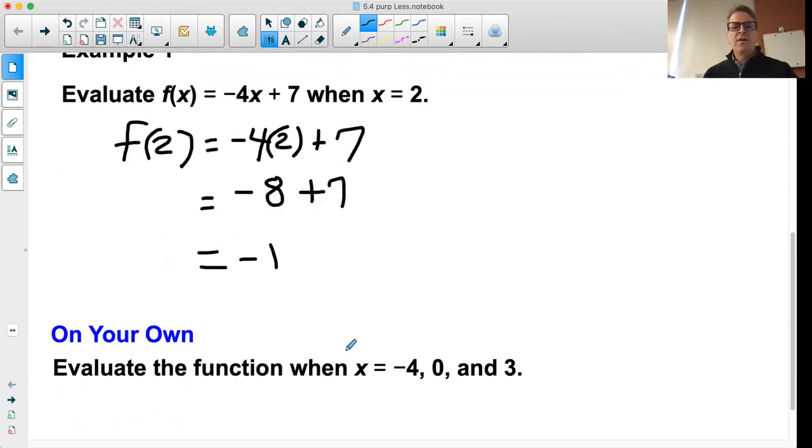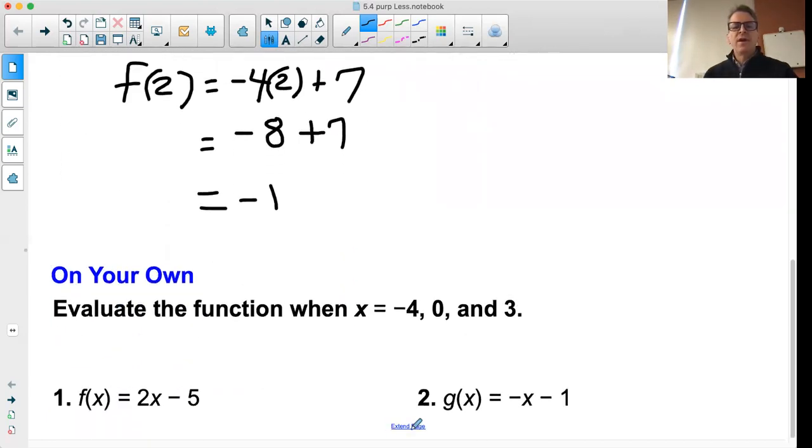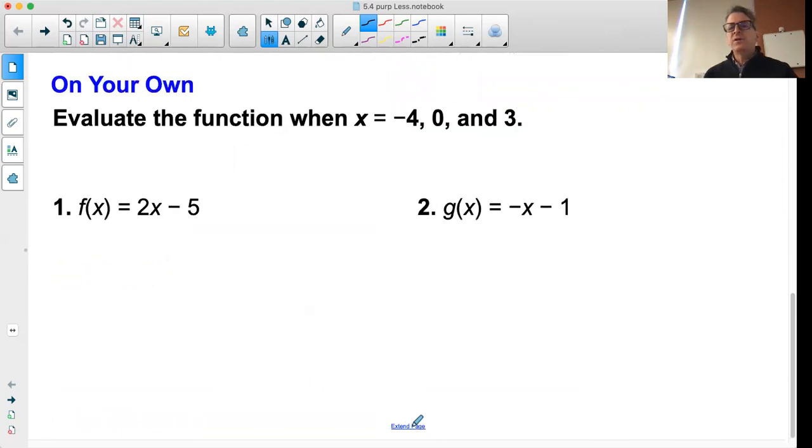Oh, we have three on your own. Okay, so we're going to evaluate these two problems. f of x equals 2x minus 5. We're going to evaluate the function for f at -4. Okay, we will do that one.